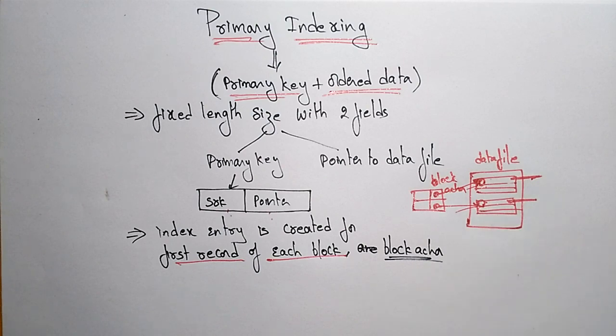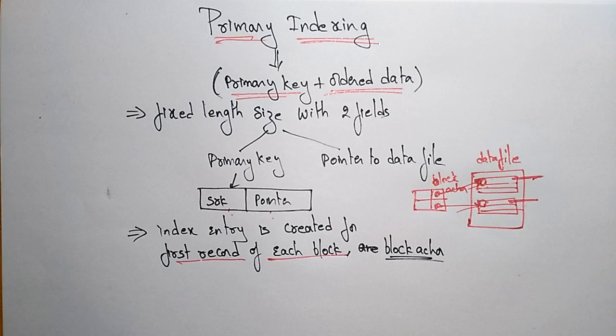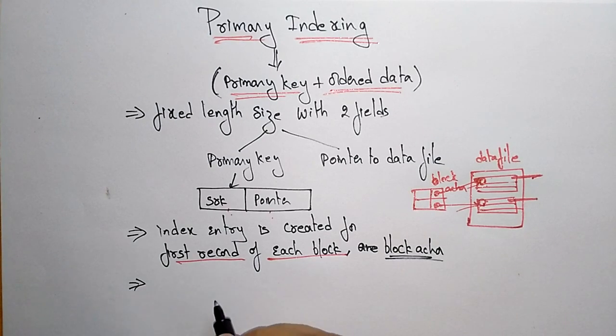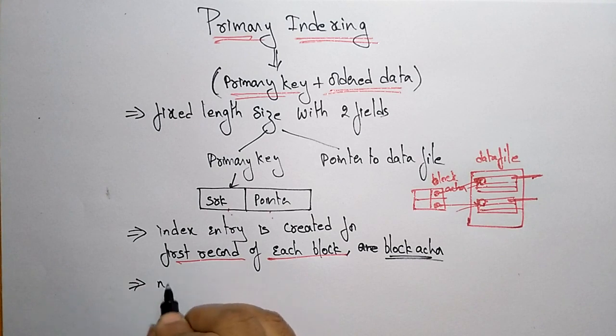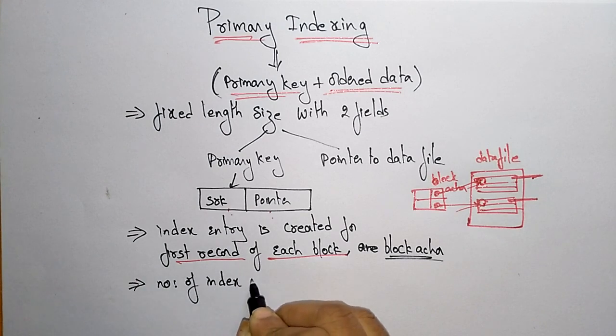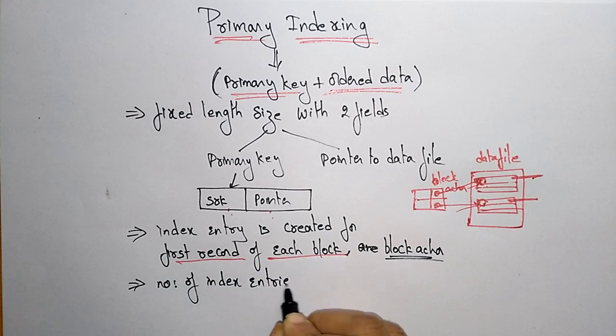I will clearly explain the block anchor by taking an example. Another point is that in the primary indexing, the number of index entries is equal to the number of blocks.